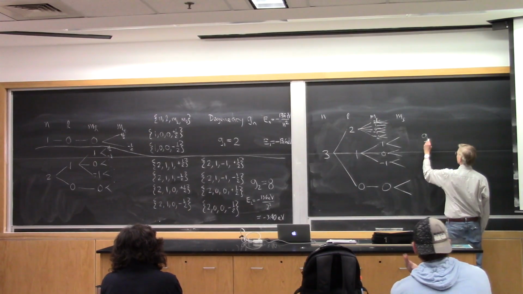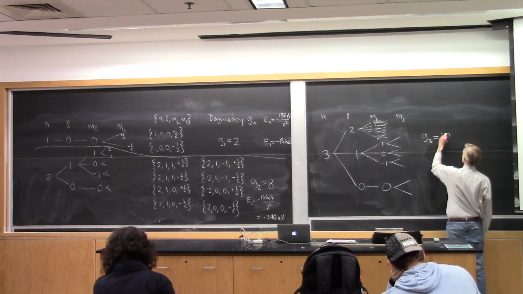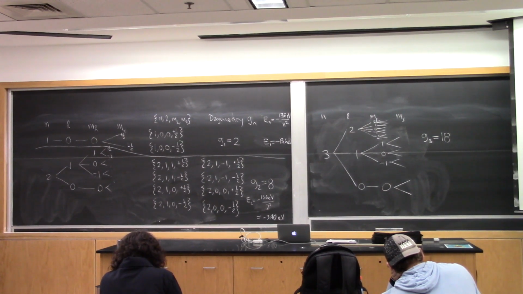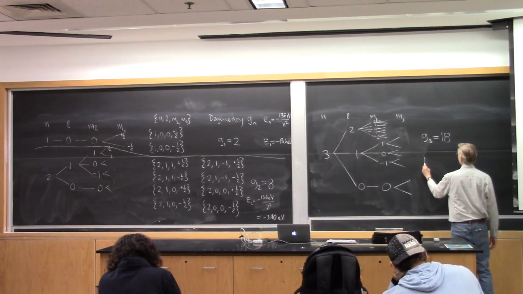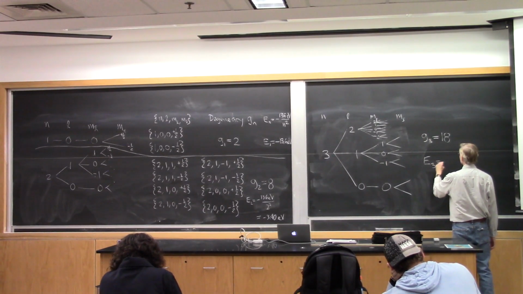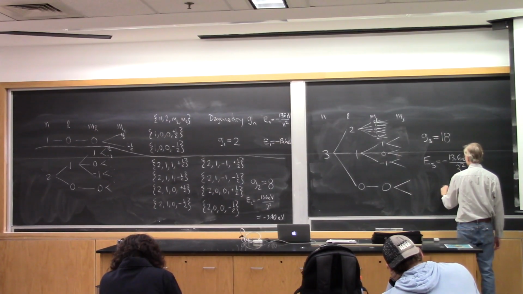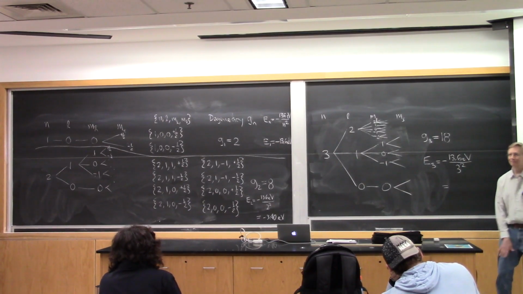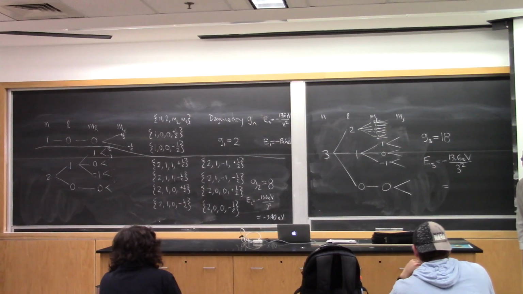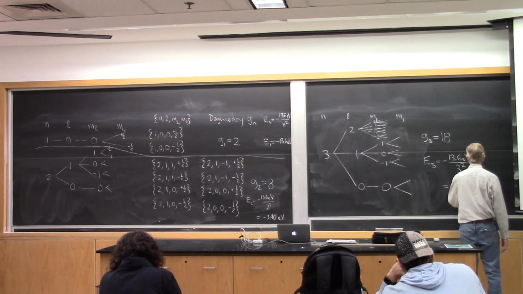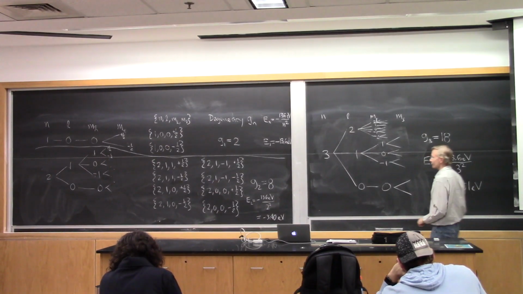So G sub 3 is 18. There are 18 states that all have an energy of E sub 3, minus 13.6 electron volts divided by 3 squared, which is something. What is it? 1.51. So minus 1.5 electron volts.